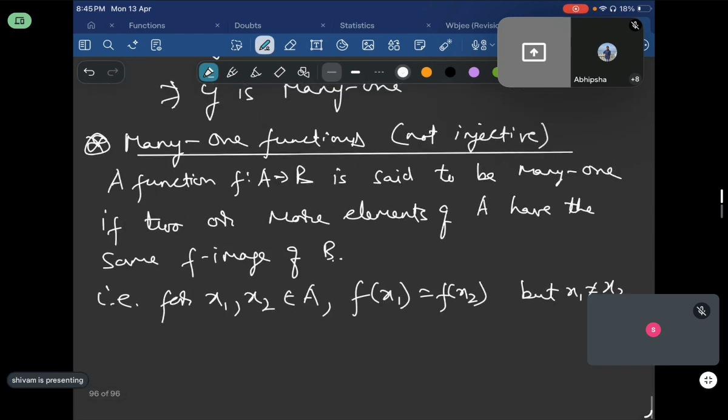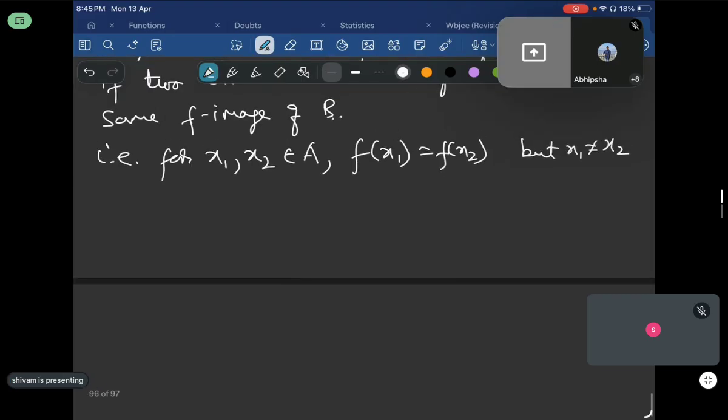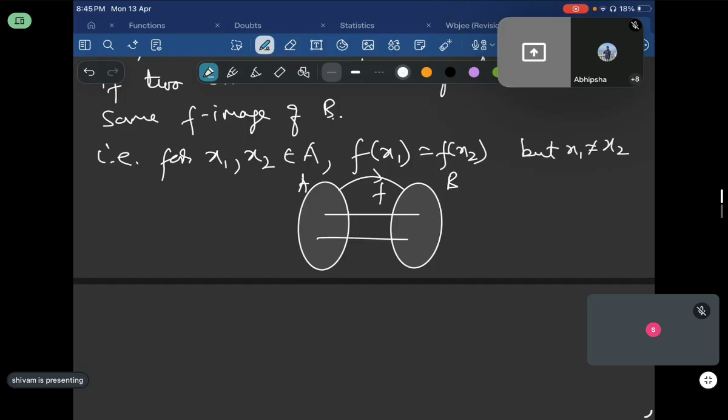How will the diagram look? The diagram will look somewhat like this. Okay, this is how the diagram is going to look.